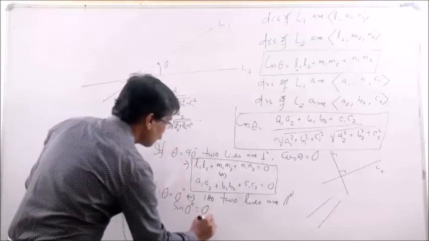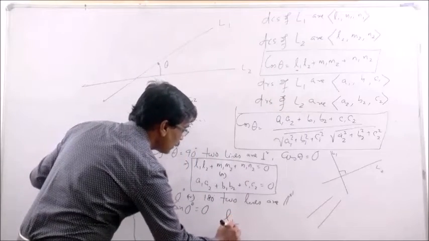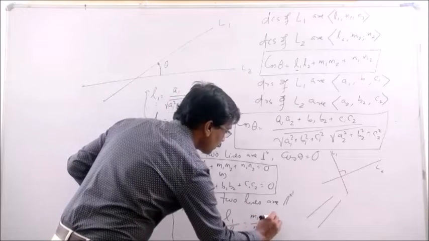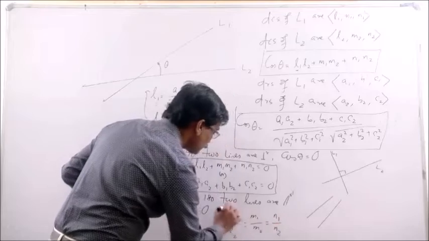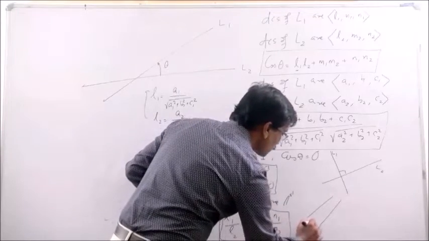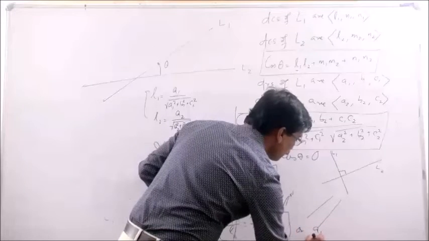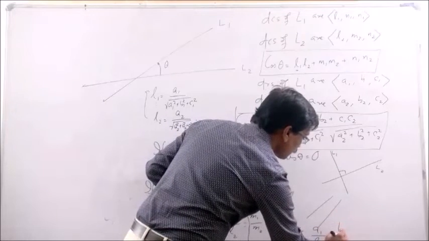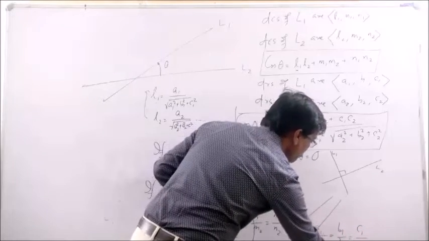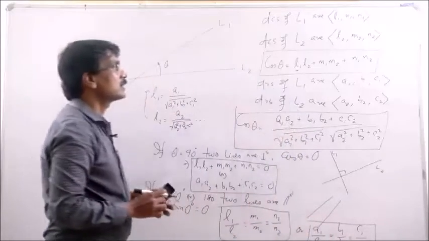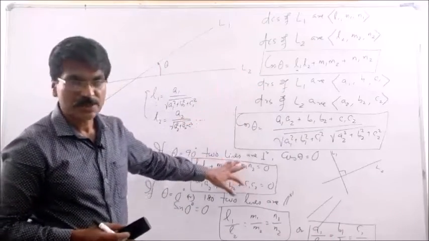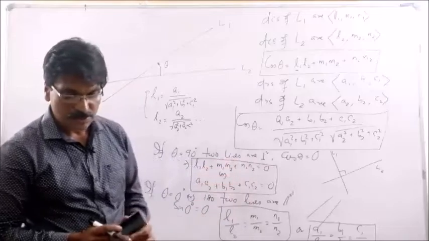The result will be l1 by l2 is equal to m1 by m2 is equal to n1 by n2 in terms of direction cosines, or in terms of direction ratios a1 by a2 equal to b1 by b2 is equal to c1 by c2. So, this is angle between two lines, and the conditions that two lines are parallel or perpendicular.